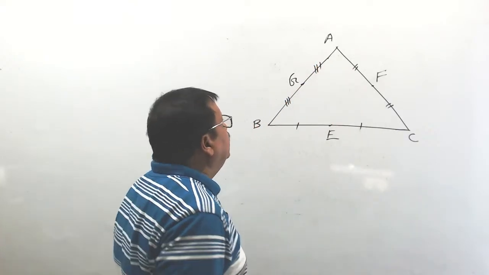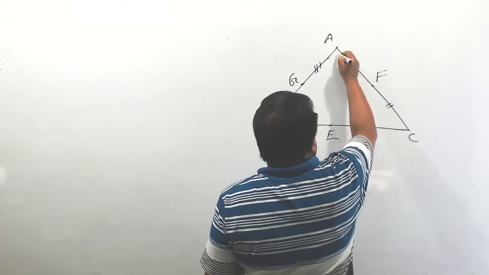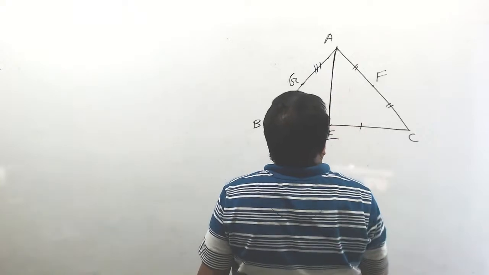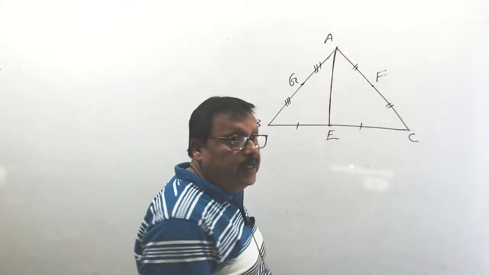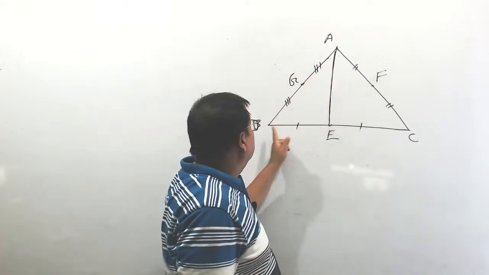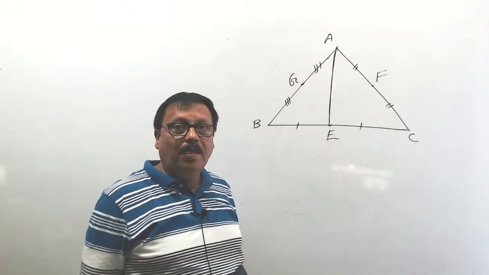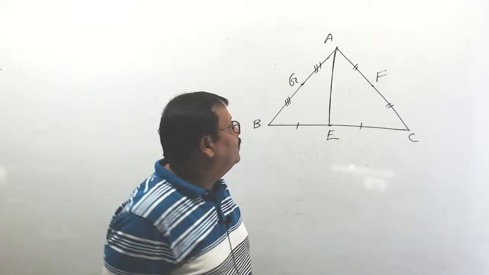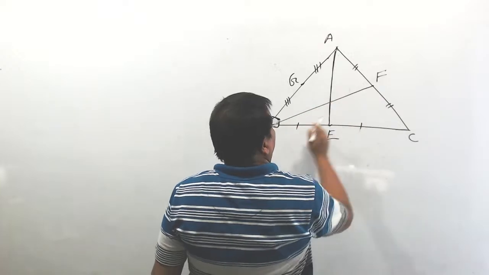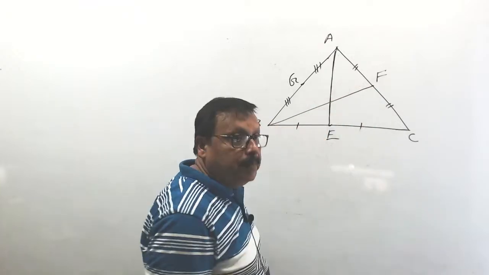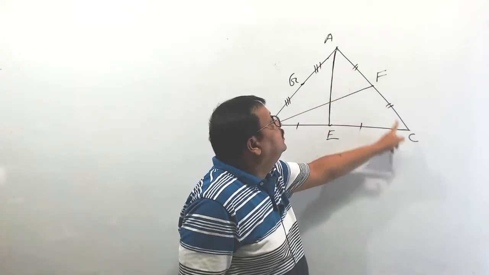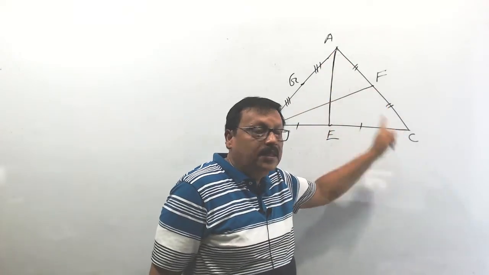Now, join AE. Then AE is the median through the vertex A on the side BC. Understood? BF is the median through the vertex B on the side CA. Clear?